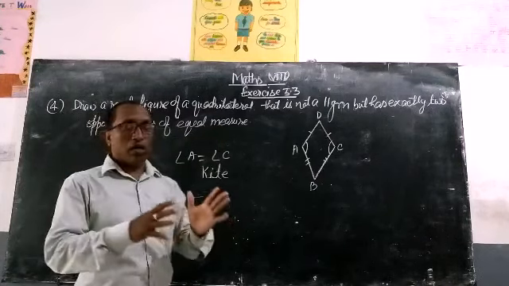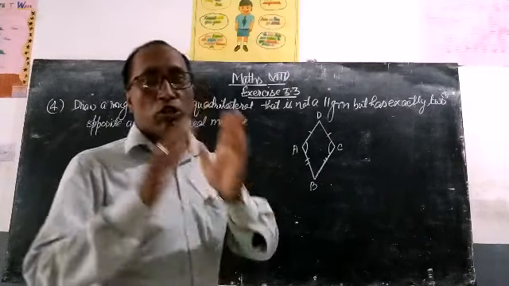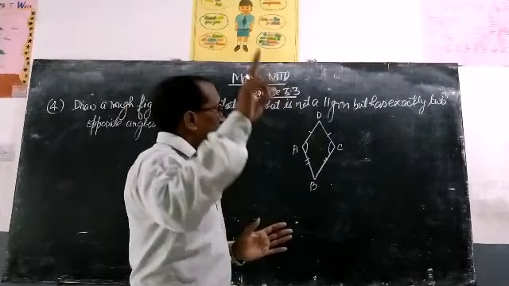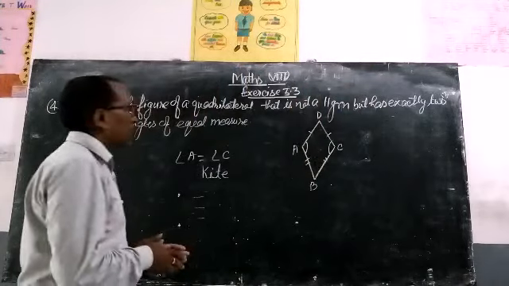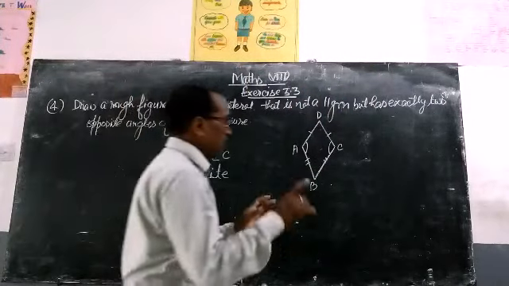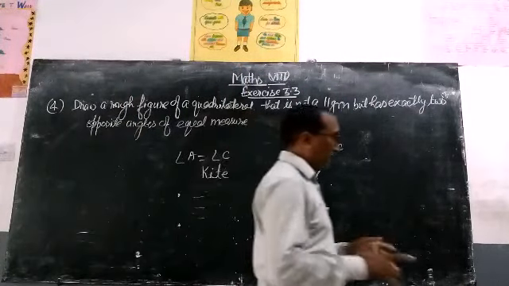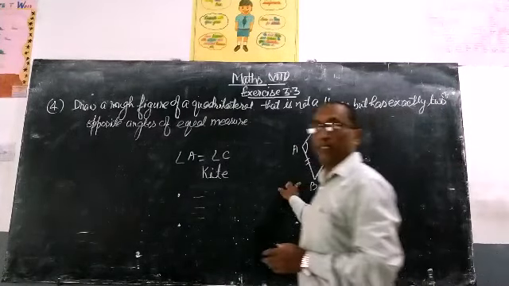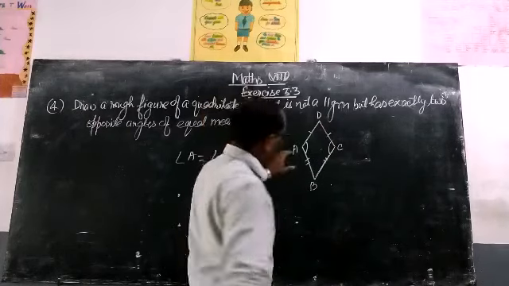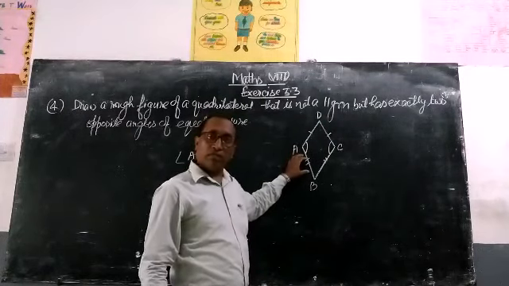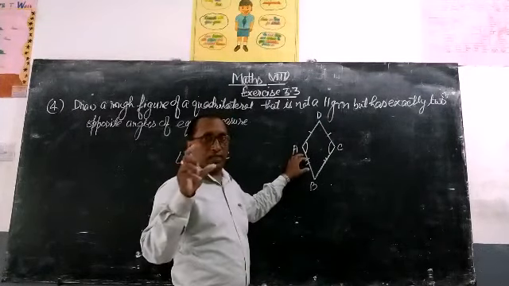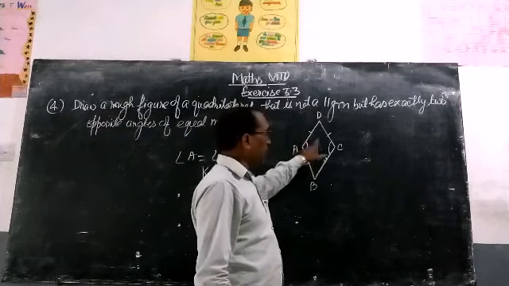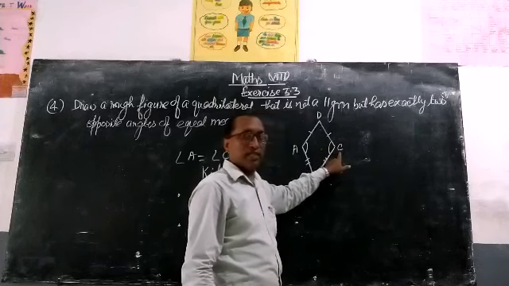Means you draw a quadrilateral which is not a parallelogram but two opposite angles are equal. In this sequence, I have drawn a quadrilateral which is not a parallelogram, whose opposite angle A is equal to angle C.